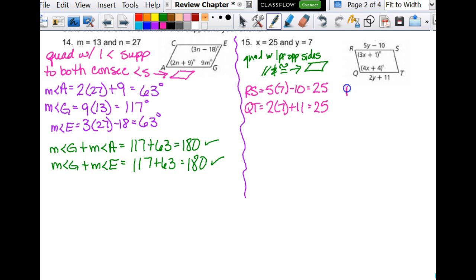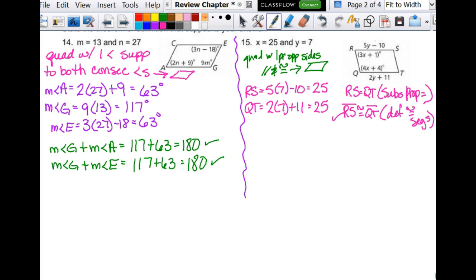So I can say that the length of RS equals the length of QT. That's the substitution property of equality. And then line segment RS is congruent to line segment QT. That's the definition of congruent segments. So I've got the opposite sides congruent, one pair.